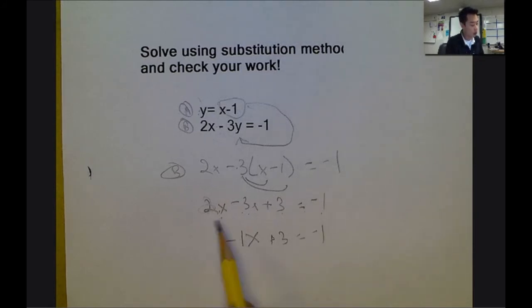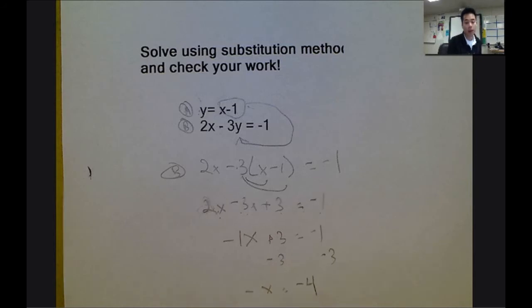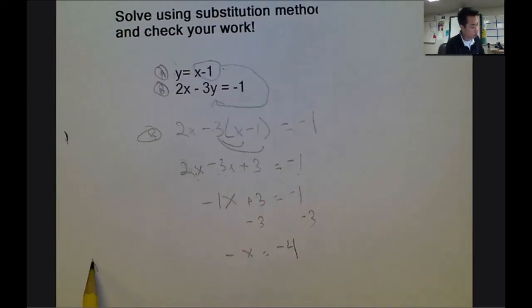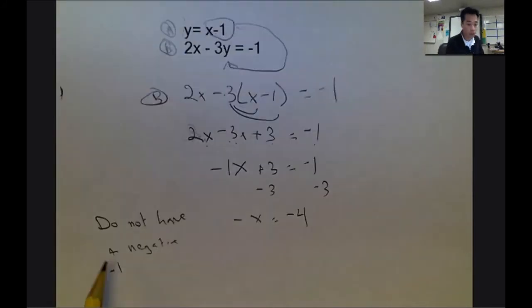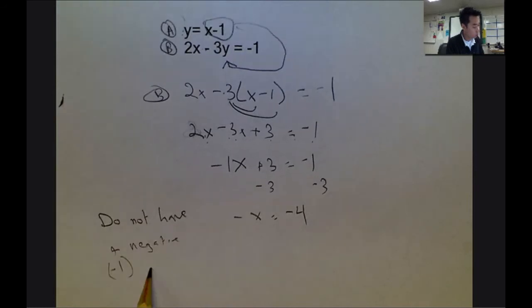And then from here, I just solve symbolically. So I minus 3, minus 3. I get negative x is equal to negative 4. And I do not want a negative 1 in your final answer.